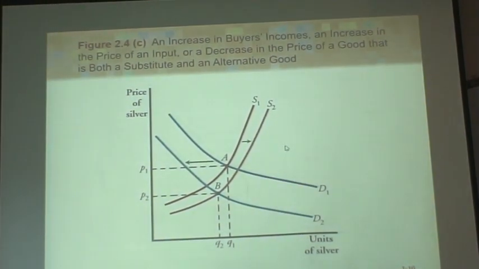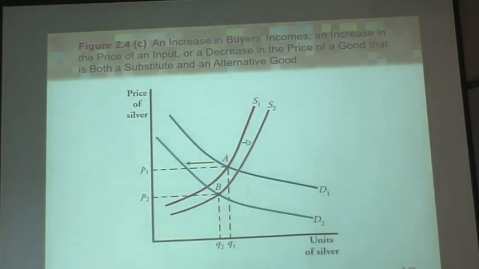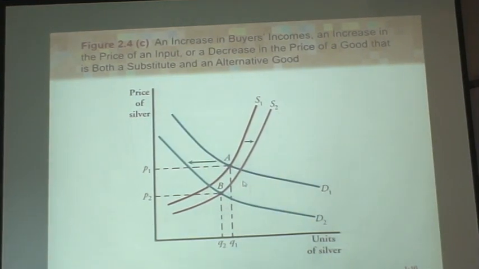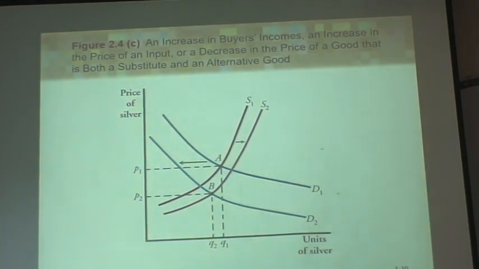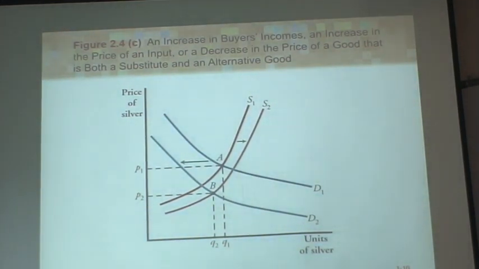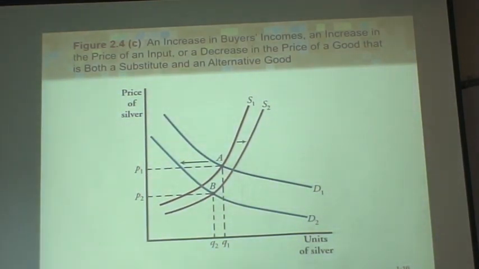But because a substitute for silver was invented, demand for silver goes down. So we have two cases. The first is an increase in supply because of new technology. The second is a new substitute coming onto the market, and so a decrease in demand.